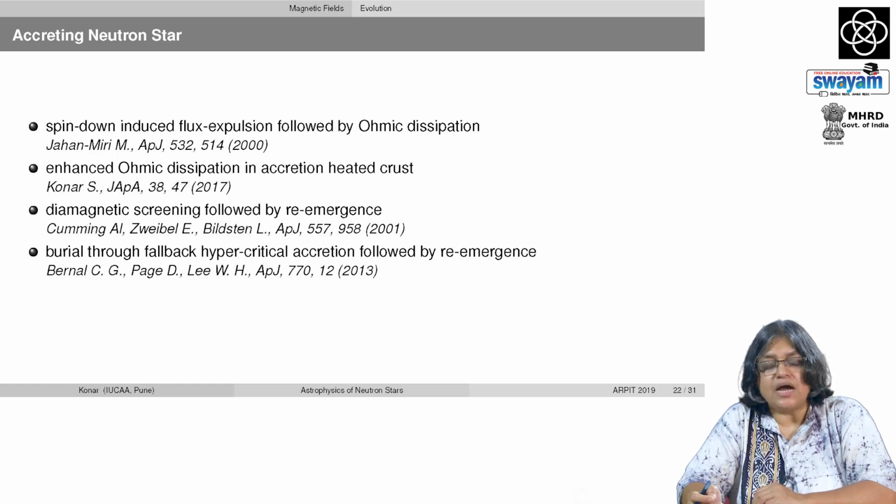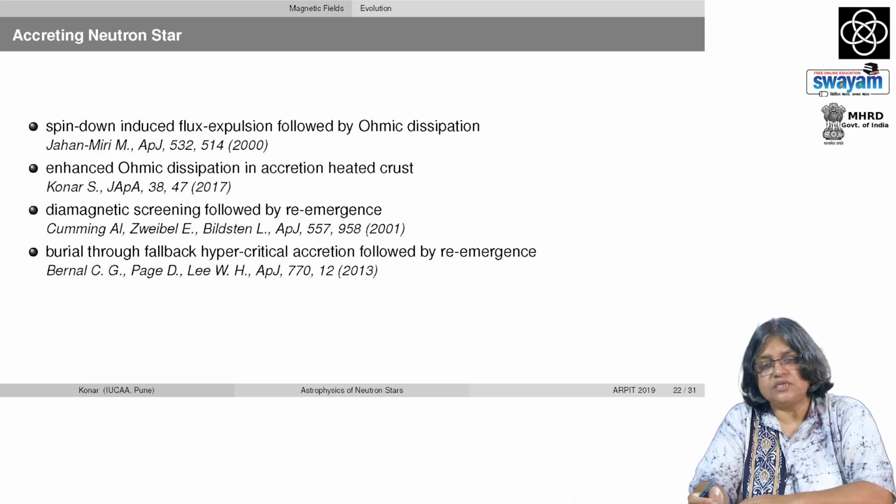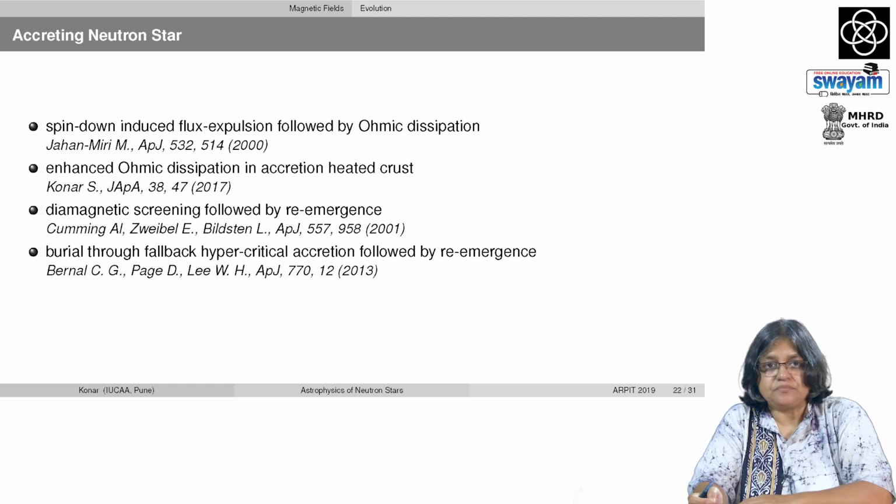There could also be diamagnetic screening, the burial of the magnetic field because charged particles are being accreted, but it has been seen that such screening may not be long lived, and once the accretion process stops, the field would re-emerge.